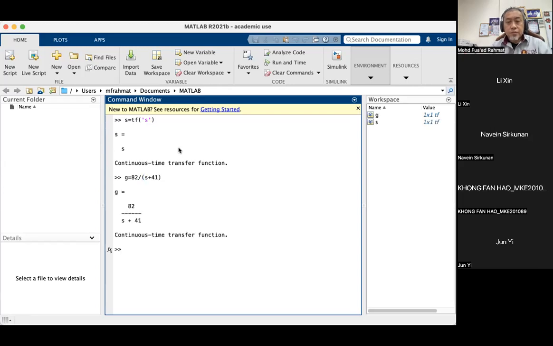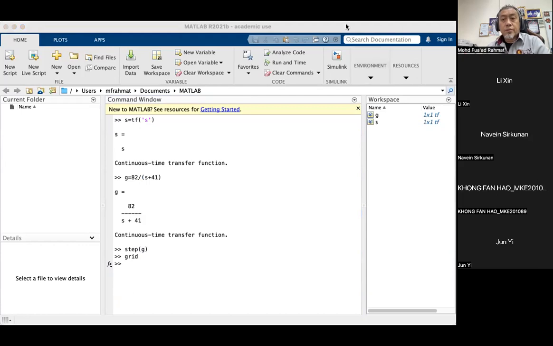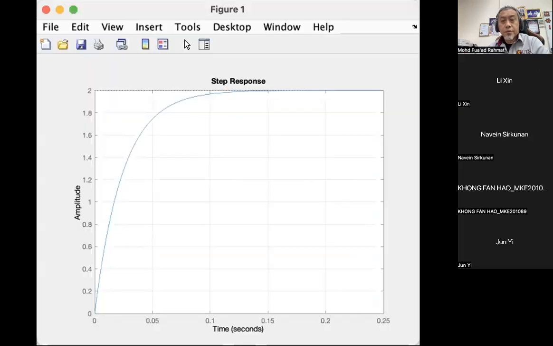And then step, go to G, and then put a grid there. Right, so I share the figure. Can you see, guys? Yes, Prof.